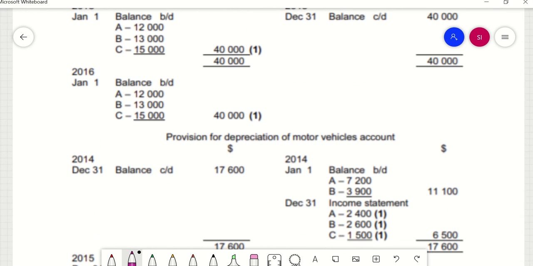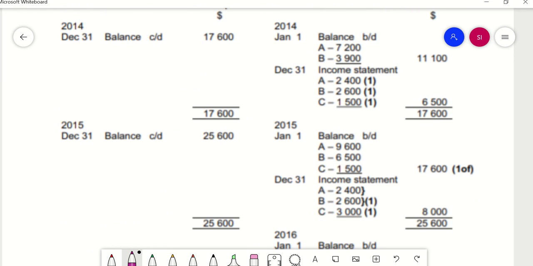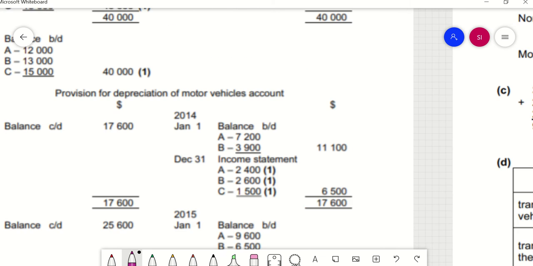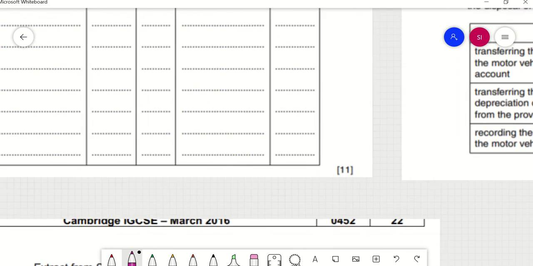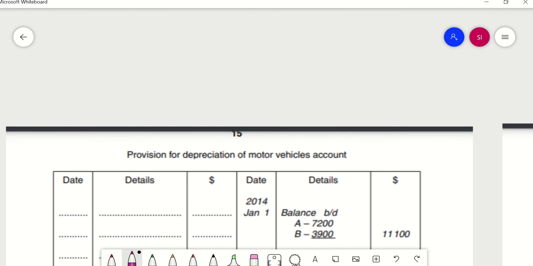And then next one, you have to prepare a provision for depreciation account, which I explained to you in the previous class, but once again I'm going to explain it to you. Okay, now let's see how to complete this particular provision for depreciation account. You can remember I explained for A and B you calculate for one financial year.